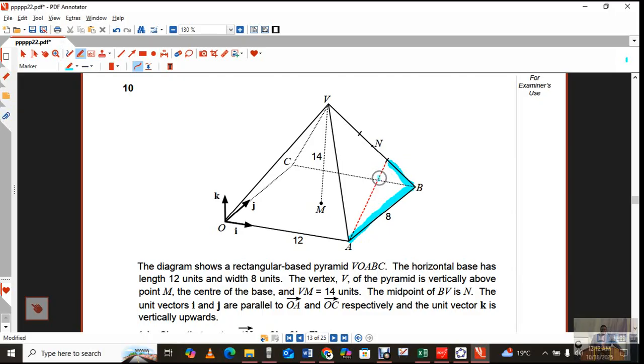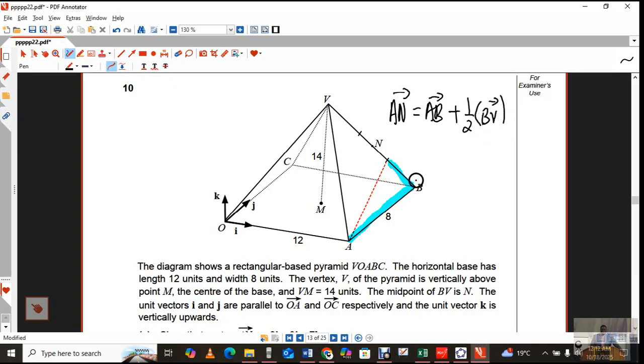So what is it that I also can write? Let me write this. A to N is AB plus BN. But what is BN? BN is half of BV.